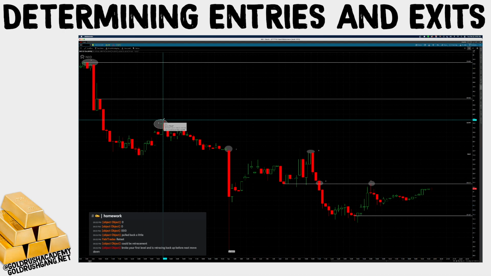Broke your first level and retracing back up before the next move down. B is kind of a confirmation because lower lows.